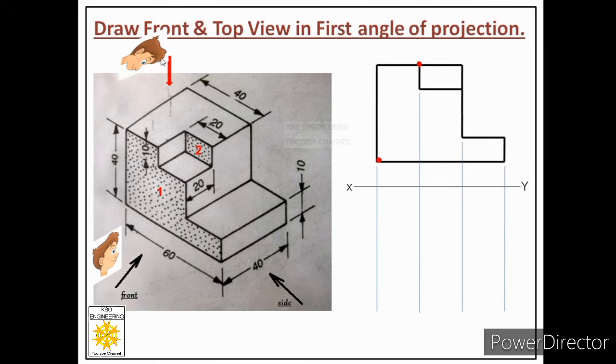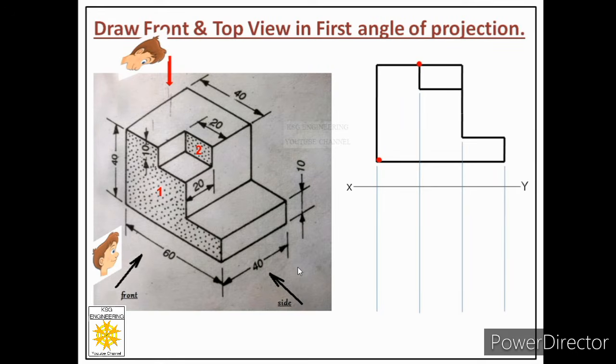And when the observer is looking at the object from top, the plane of projection will be the horizontal plane. And the horizontal plane in first angle of projection lies below the object. So we have to assume that the horizontal plane is below the object.